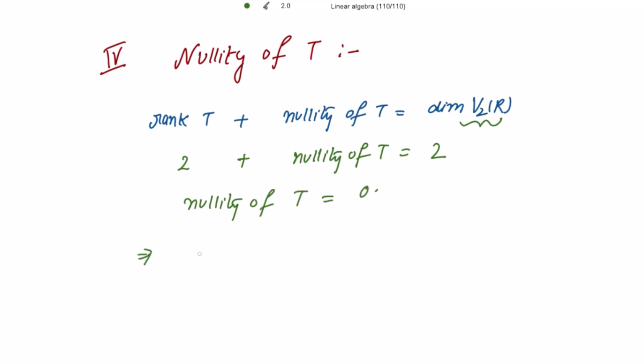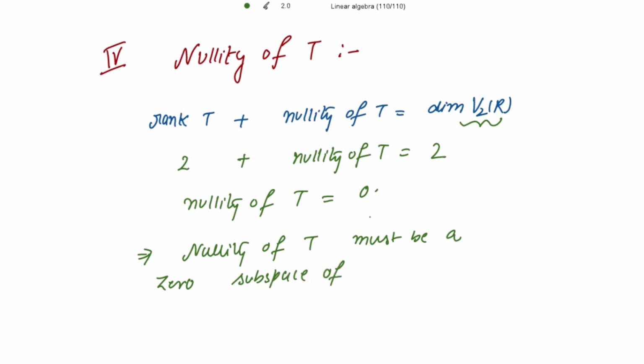So which implies what? It must be the zero subspace of V2(R). Otherwise, if you take an element belonging to the null space of T, then we know that when applying T on this, we have to get the 0 vector in V3(R), right? So what is the definition for T(a, b)?